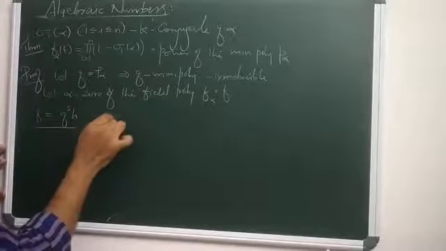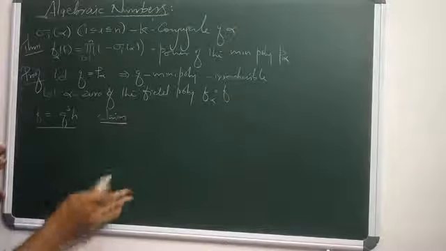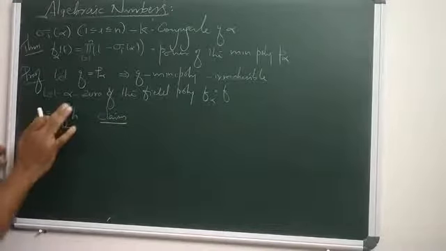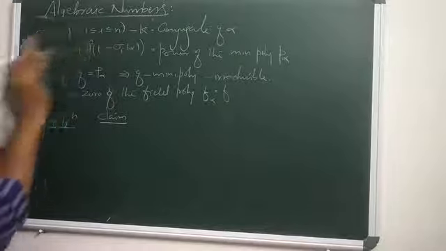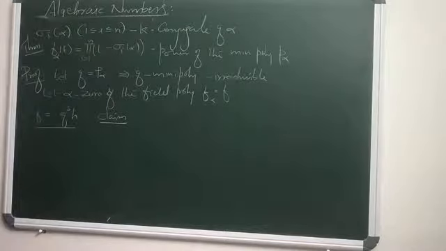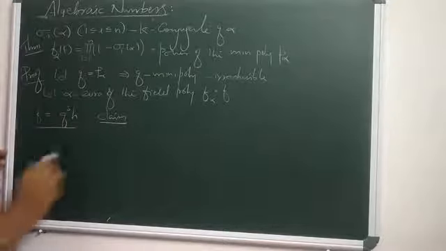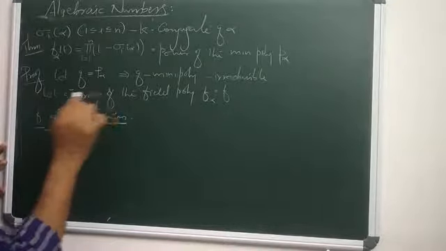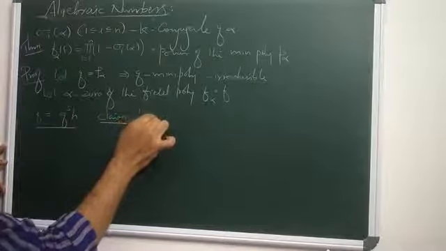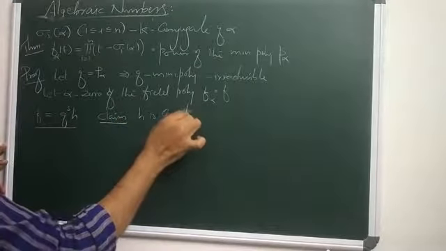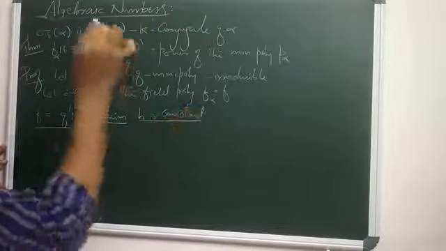Now our claim is that we have to show that f equals q to the power s. q means p alpha, so f is p alpha to the power s. That is, the field polynomial is a power of the minimal polynomial. That is our requirement. So in order to prove f equals q to the power s times h, we have to show that h is a constant.